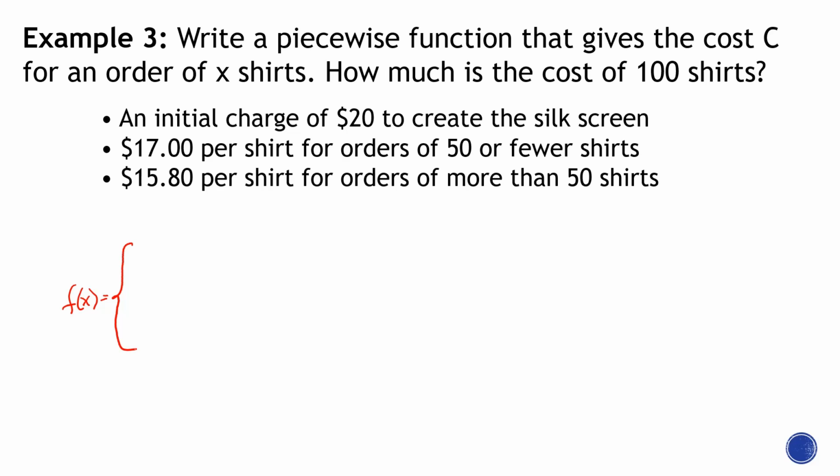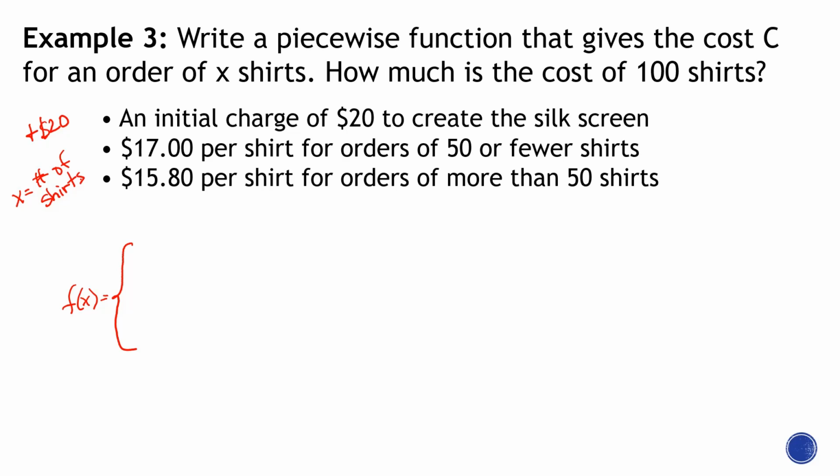Now, before we do that, here are the things that we need to remember. The first is there is an initial charge of $20. And then let X be the number of shirts. So here we go.